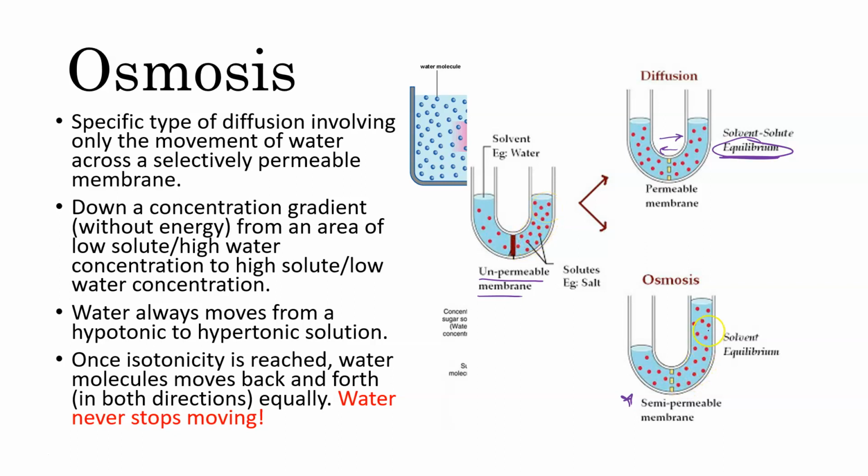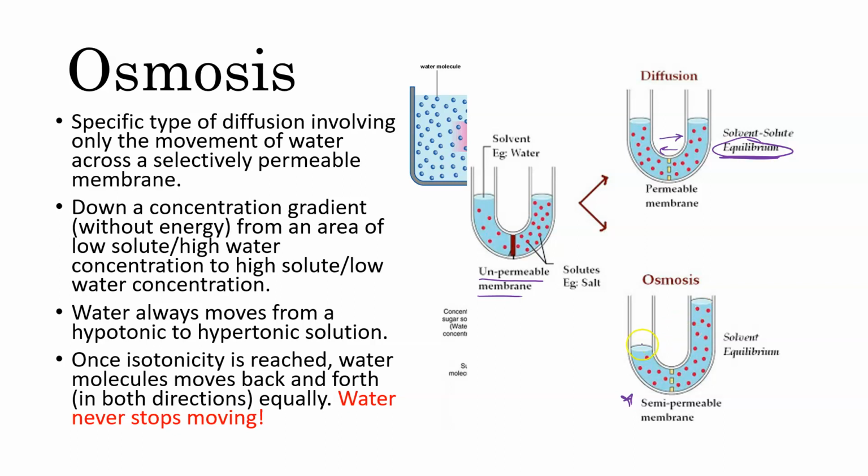If you were to count up all of these red dots, it would be identical in this image to this image. The only difference, and the reason why the concentrations look different, is because the movement of water happened while the solute remains stationary.